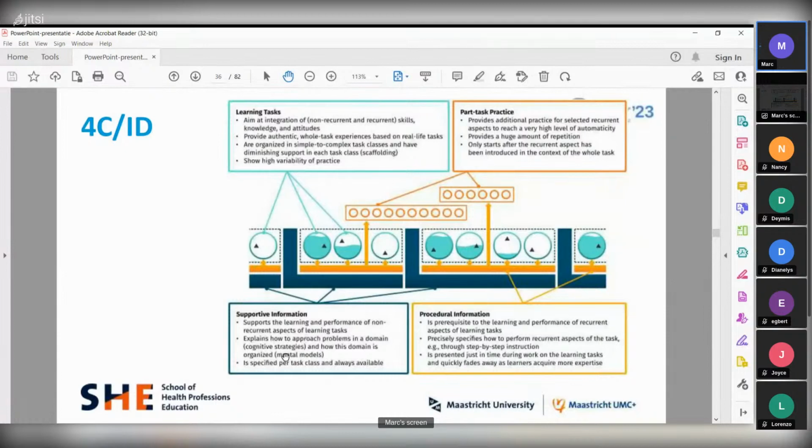It's an approach for complex learning, and it's aimed to integrate knowledge, skills, and attitudes at the same time. So, for example, when I'm a doctor, I need to have the knowledge to assess a patient. I need to know what kind of diseases they could have, what the symptoms would be, and how I can diagnose that.